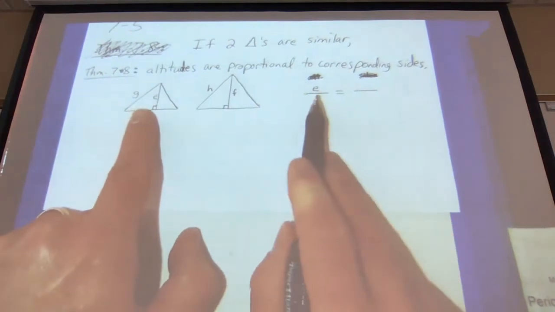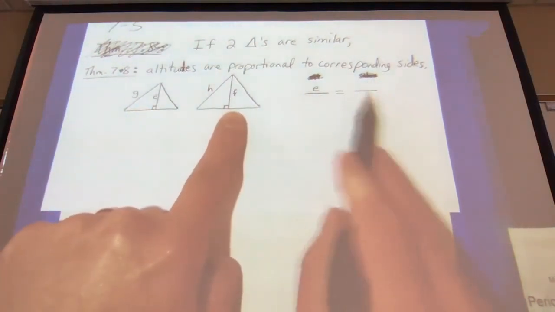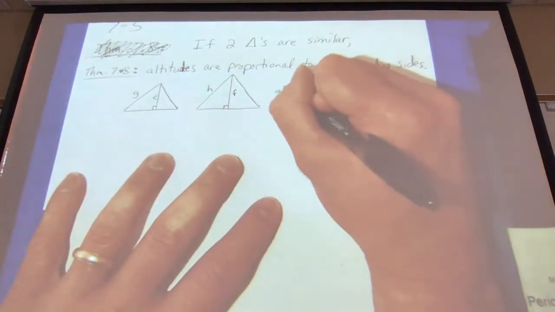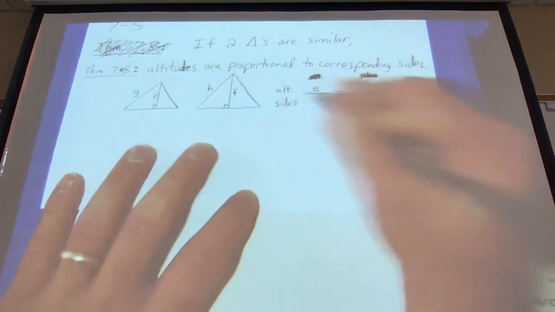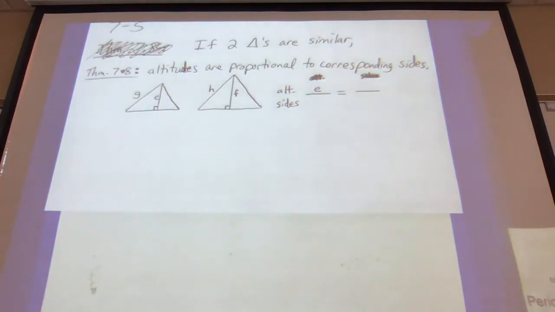Since I have a left-hand triangle, I'm going to keep those on the left. I have a right-hand triangle, I'm going to keep those on the right. I'm going to put the altitudes on top. I'm going to put the sides on the bottom. I think it'll be easier for you to see how this is coming together if I do that.